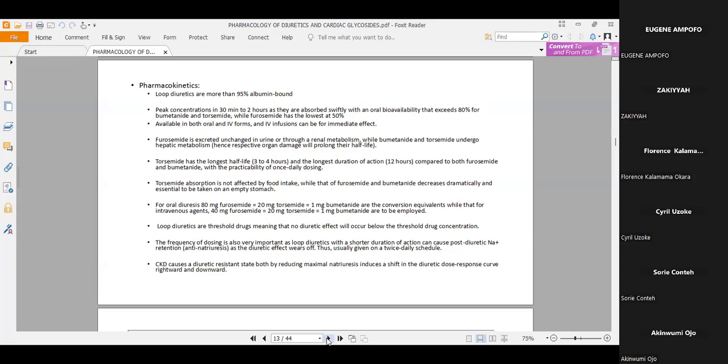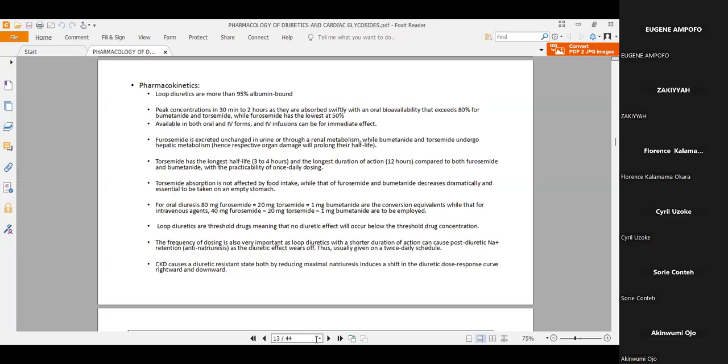Furosemide is excreted unchanged in urine or through renal metabolism, while bumetanide and torsemide undergo hepatic metabolism. Torsemide has the longest half-life of about 3 to 4 hours. It also has the longest duration of action of 12 hours compared to furosemide and bumetanide.